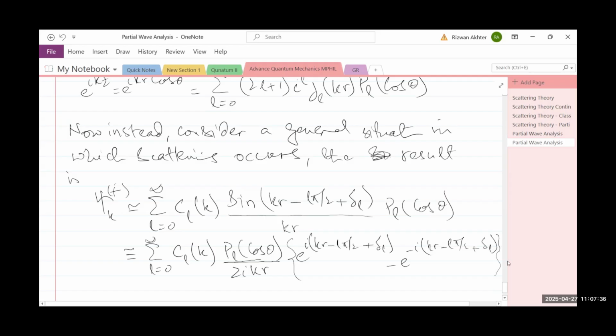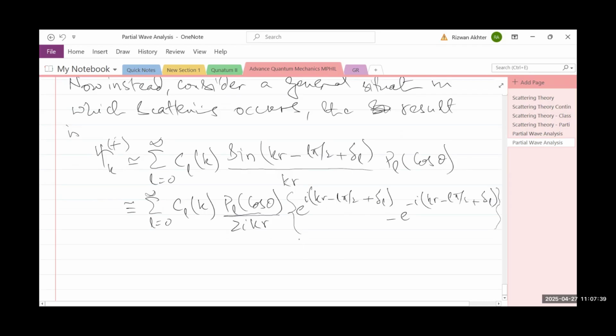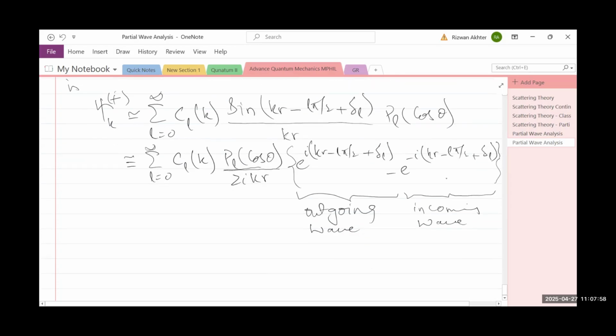This part is the outgoing wave, and this part is the incoming wave. Let's call this equation 1, because we would be using this equation for future simplification.